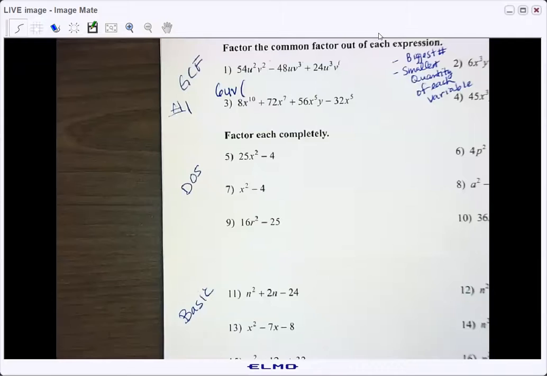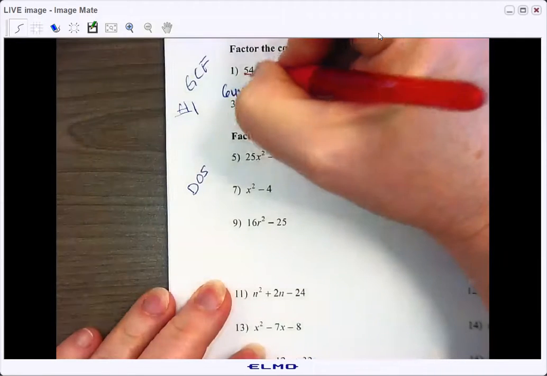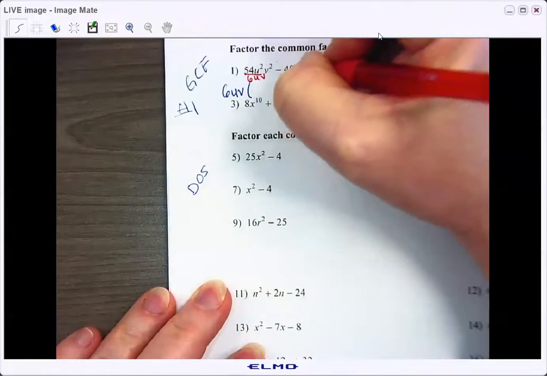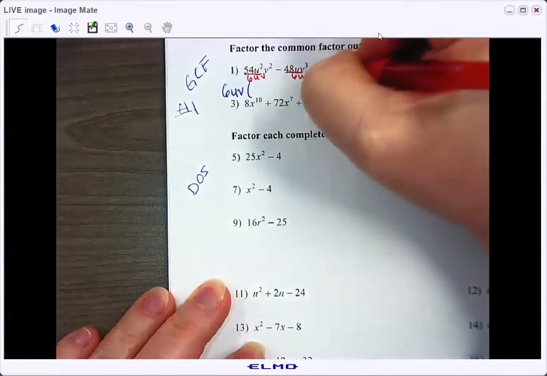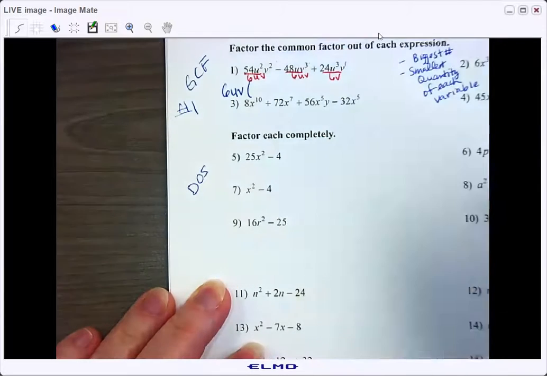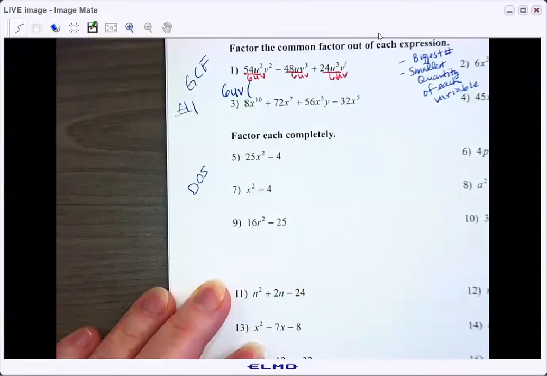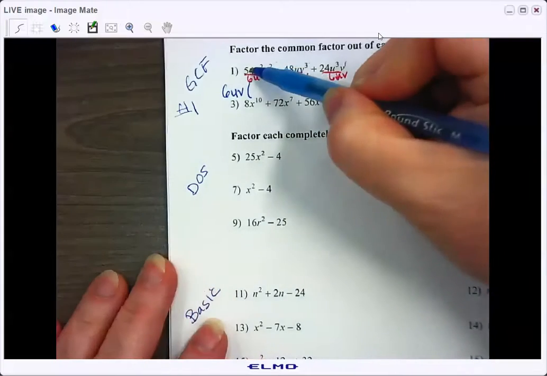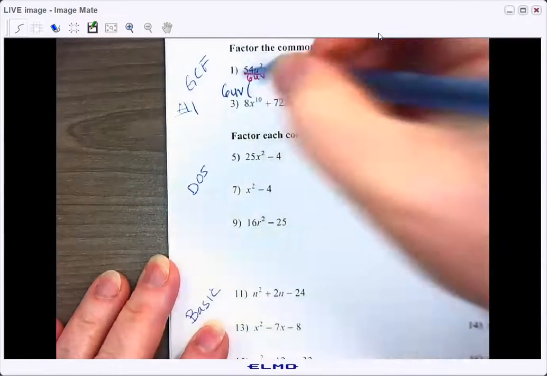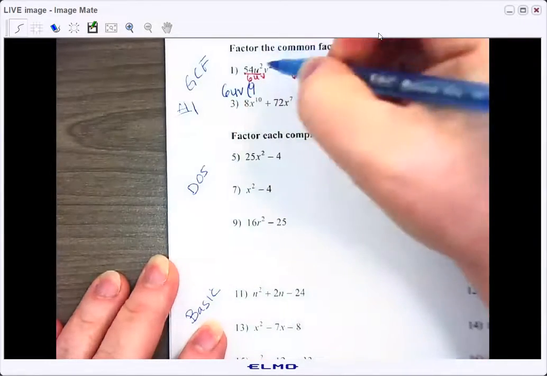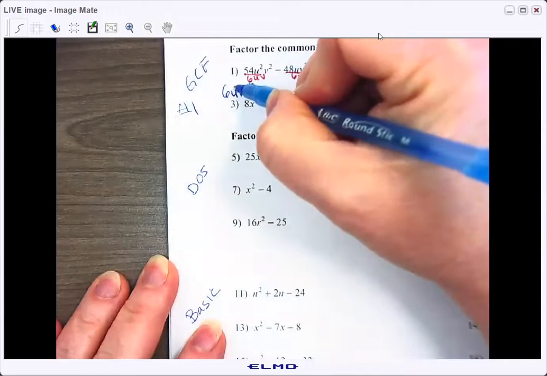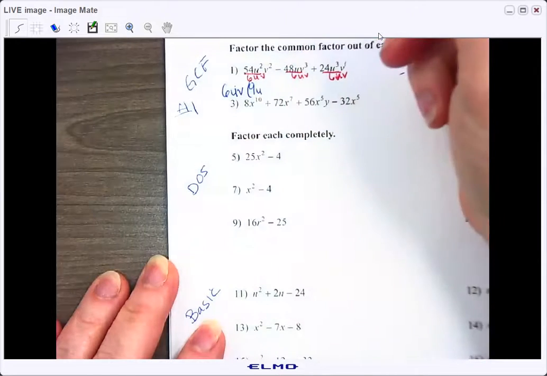Okay. So as we're dividing this by 6u, I'm actually doing it more in my head than on paper. So 54 divided by 6 is 9. U to the 2, take away u to the 1, leave the u to the 1.